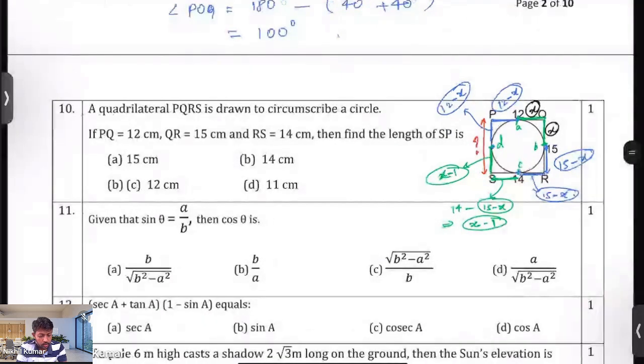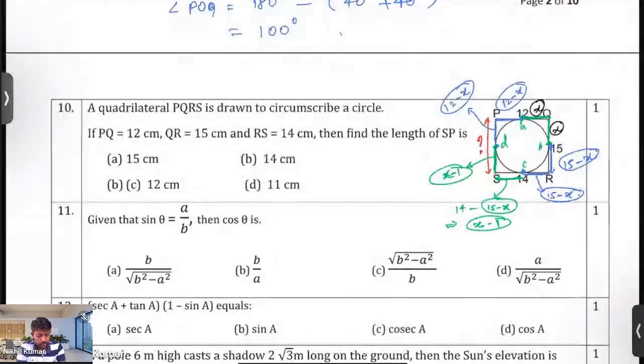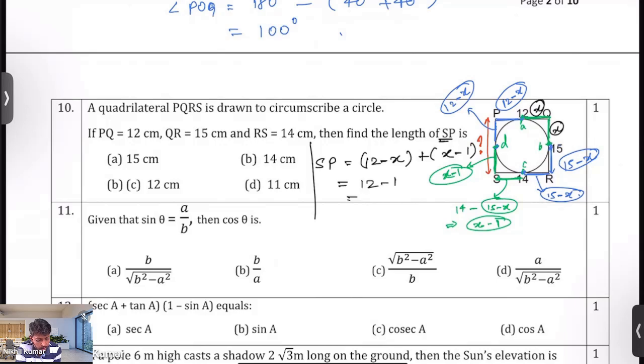So SP is equal to 12 minus x plus x minus 1, which is 12 minus 1, which is 11. So the answer is option D, 11 centimeters.